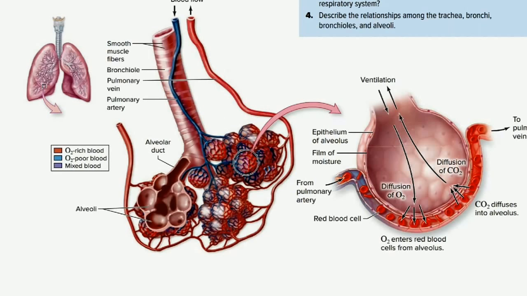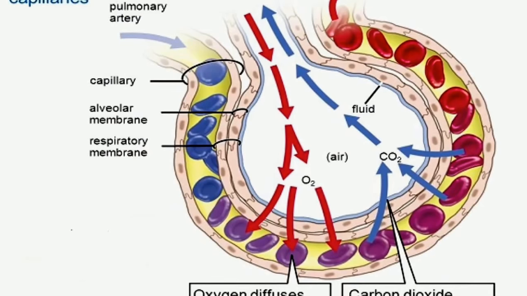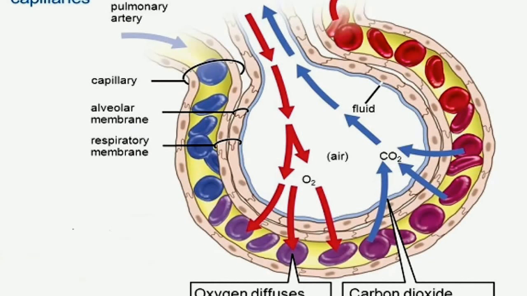Alveolus is a room-like structure which is covered by epithelial tissue and supplied by many blood capillaries. This is where diffusion of oxygen and carbon dioxide takes place.